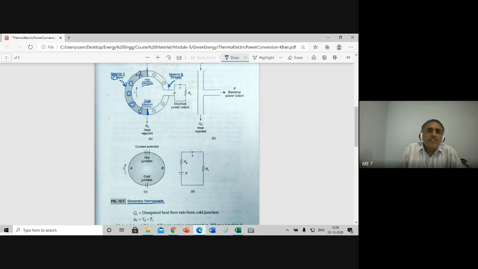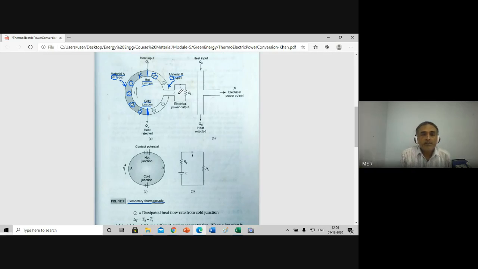Since this is material A, they call it P type, and the right side one N type, positive and negative. These are two different materials, two different conductors or semiconductors, joined at two ends, and they form a pair or a couple.